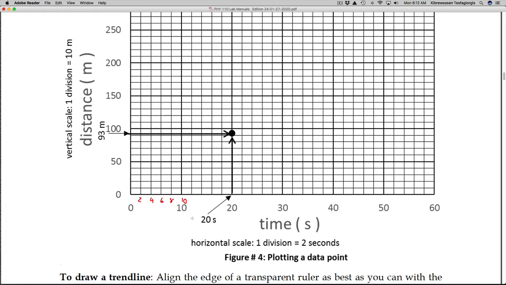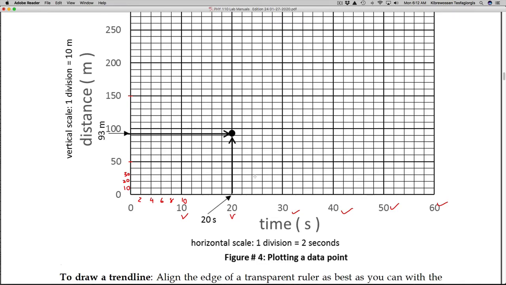Rather, you can number it at major grids like 10, 20, 30, 40, 50, and 60. Then in the y-axis we already chose a scale of 10, which means this is 10, this is 20, this is 30, and so on. Then you have 50 here, 100 here, 150, 200, and so on and so forth.